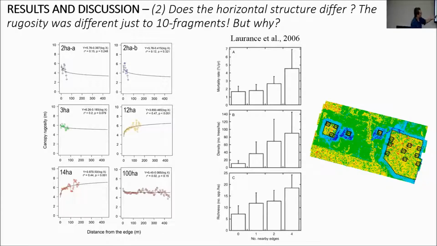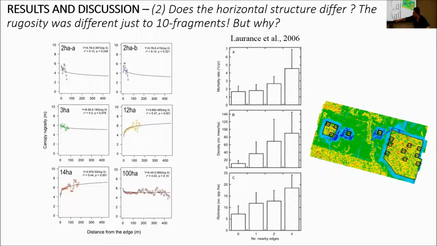And this is field data for another paper. That paper was made with this same data, starting in 1999. We have 10 more years of data after this paper, which is why I showed these graphs. Basically, what they show here is the size of the fragments, by number of edges, and here are the mortality, the density, and the richness.